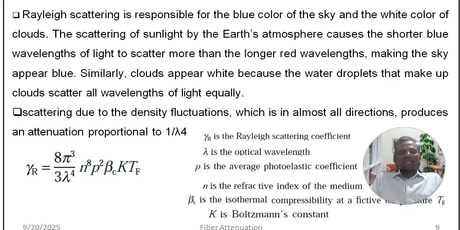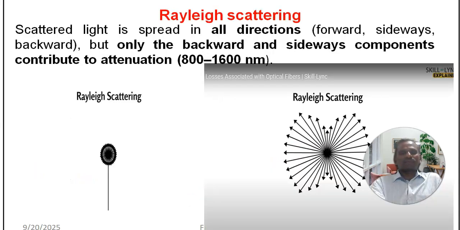So it is inversely proportional to the wavelength to the power 4.